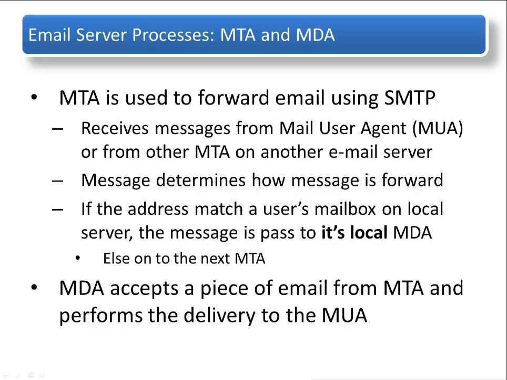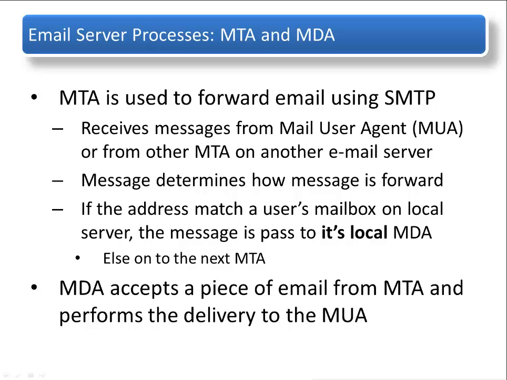If the recipient has an inbox on the server, the mail transfer agent, MTA for short, will deliver it to the MDA, or mail delivery agent, where it will wait until the MUA asks for a new message, at which point the MDA, using POP, will deliver the message to the MUA's inbox.